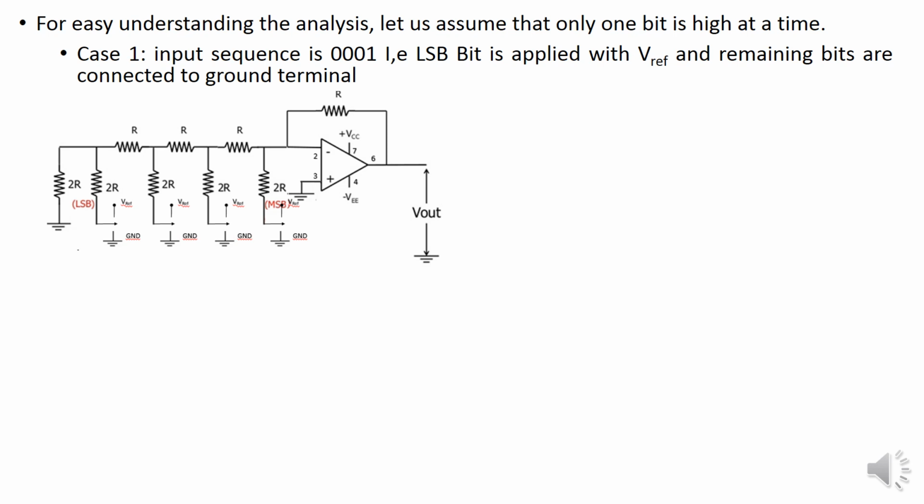So let us understand the analysis. Let us assume only one bit is high, or one bit is applied with V reference. Here it is 5 volts at a time. Case 1, the input sequence is 0 0 0 1, that is, the LSB bit is applied with V reference, which is 5 volts, and the remaining bits are connected to the ground terminal.